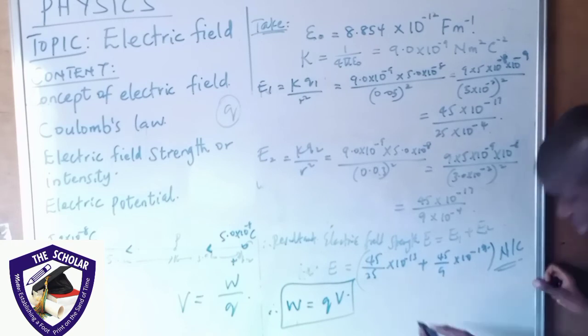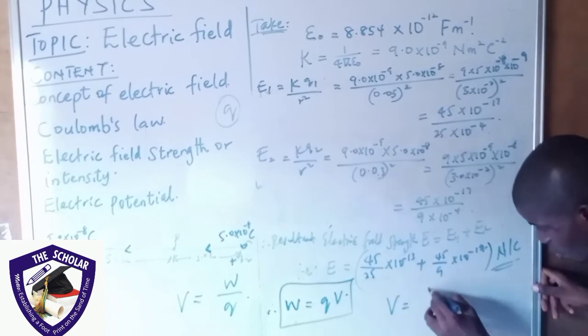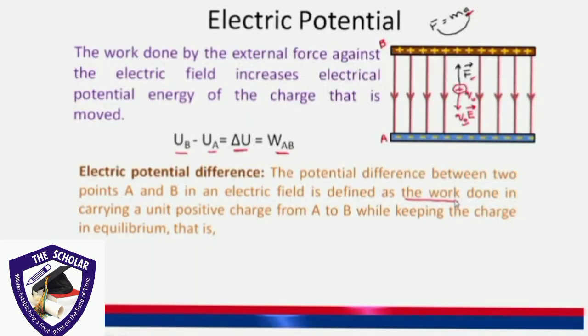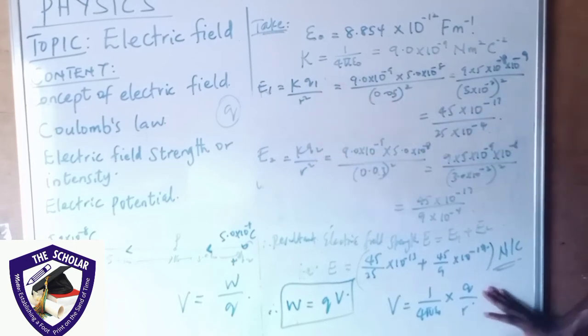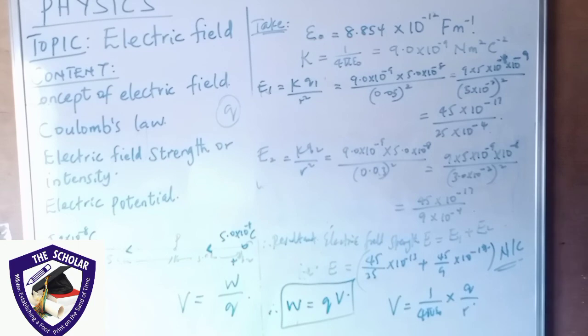So we can also have our electric potential V as 1 over 4 pi epsilon naught times Q over r. Remember that this one is just r, whereas for electric field intensity it is r squared. So from this now, we can proceed in our subsequent lesson.